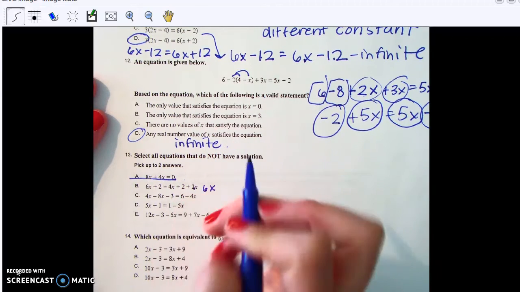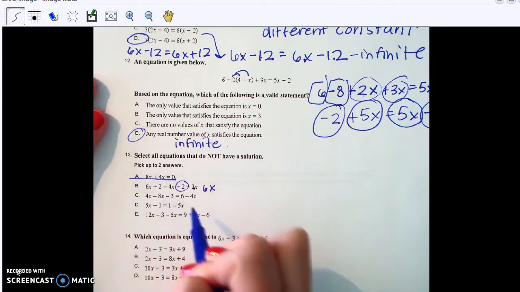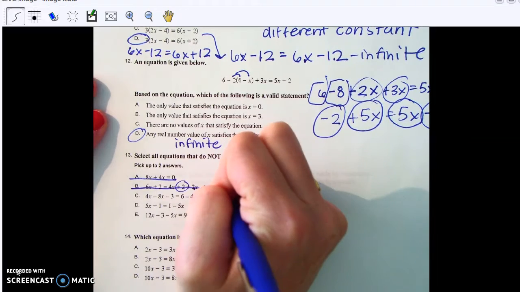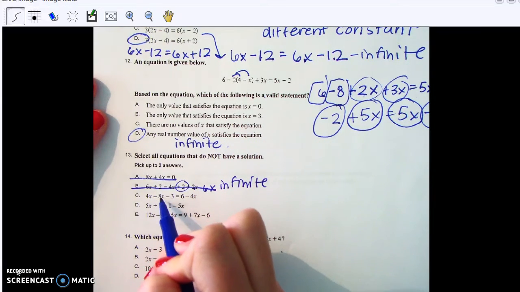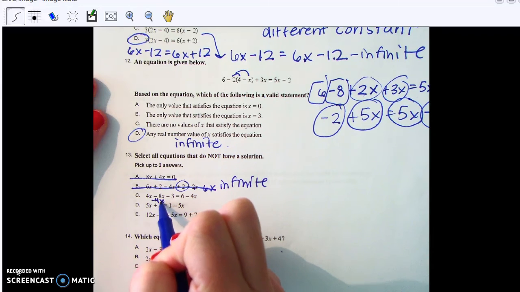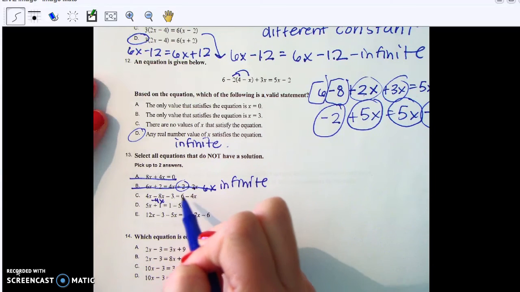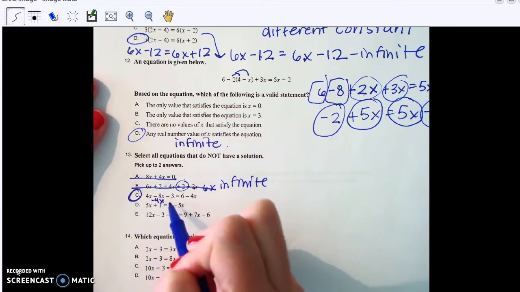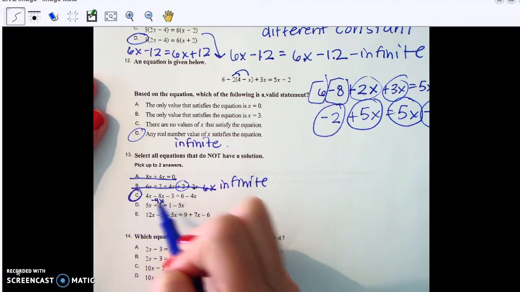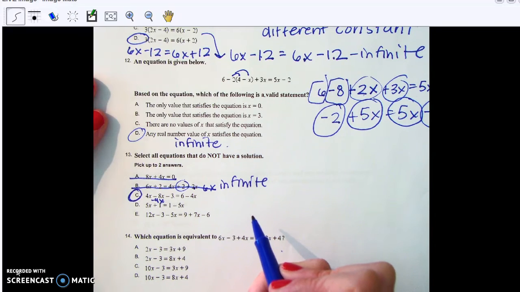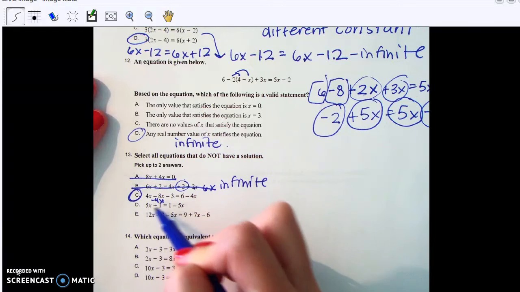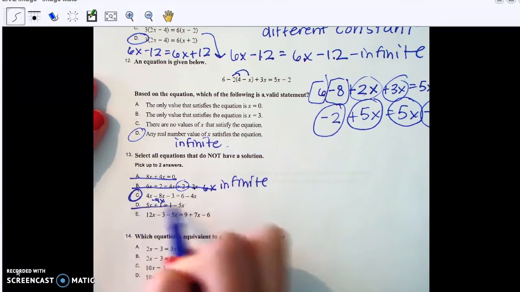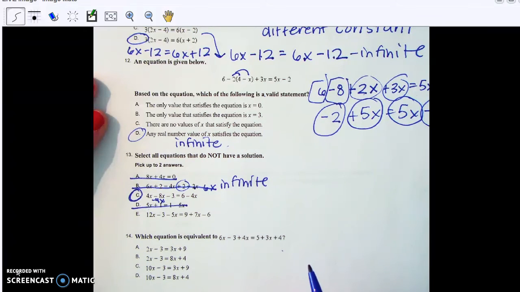So 6x plus 2, and this is 6x plus 2, so that would be infinite solutions. 4x minus 8x is negative 4x minus 3, and this would be negative 4x plus 6. So that would be no solution because I have negative 4x on both sides. Constants are different. This one, I have 5x here, negative 5x here. So different number of variables, which means no solution.